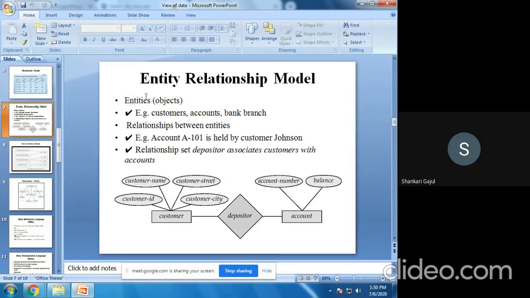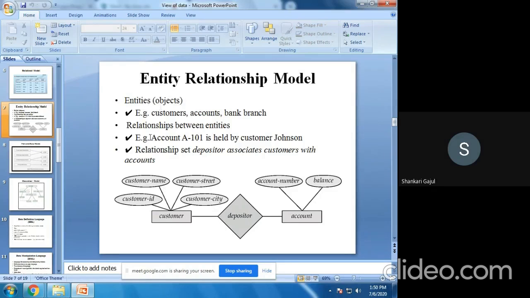Now, what do we mean by entity? An entity is one kind of object or thing. The ER model consists of a collection of basic objects. Any thing or object we can see, a human being, a non-human being, whatever it is, we call it an entity.